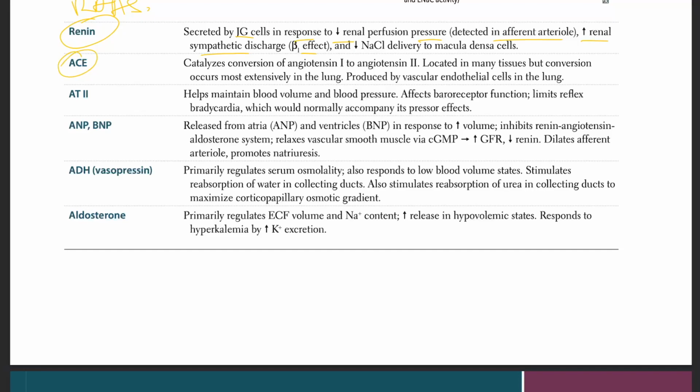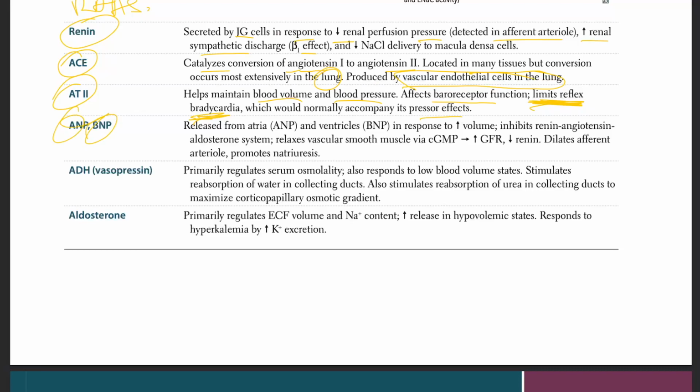ACE catalyzes the conversion of angiotensin 1 to angiotensin 2, located in many tissues, but conversion mostly occurs in the lungs, produced by vascular endothelial cells in the lungs. That's good they have mentioned this. Angiotensin 2 helps maintain blood volume and blood pressure, affects baroreceptor function, and limits reflex bradycardia. Important: it limits reflex tachycardia, which would normally accompany a pressor effect.